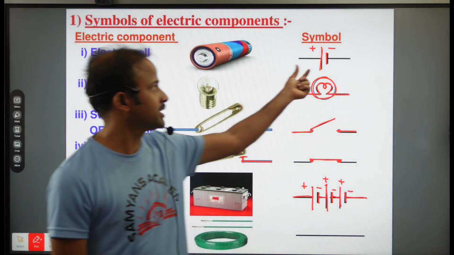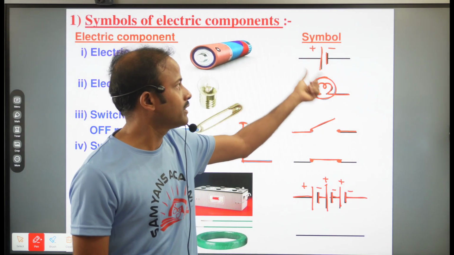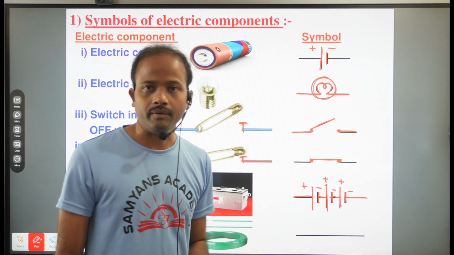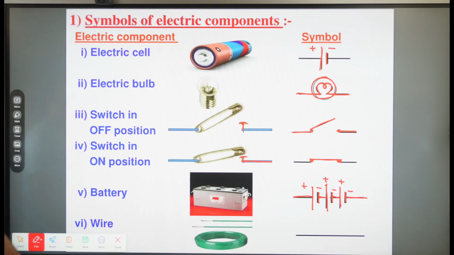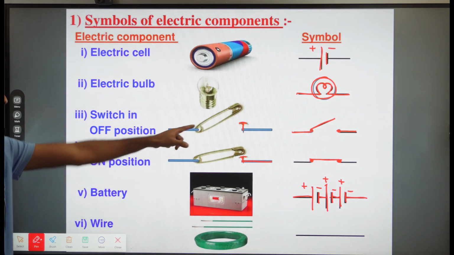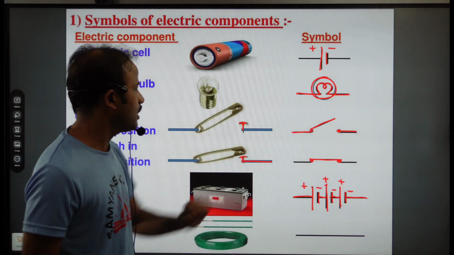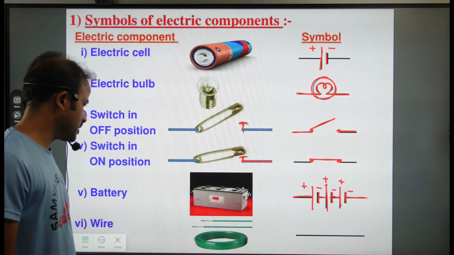A cell is represented with a big line for the positive terminal and a small line for the negative terminal. Is it clear? So these are the symbols of the cell, bulb, key in the off position, key in the on position, and this is the battery, a combination of all cells.